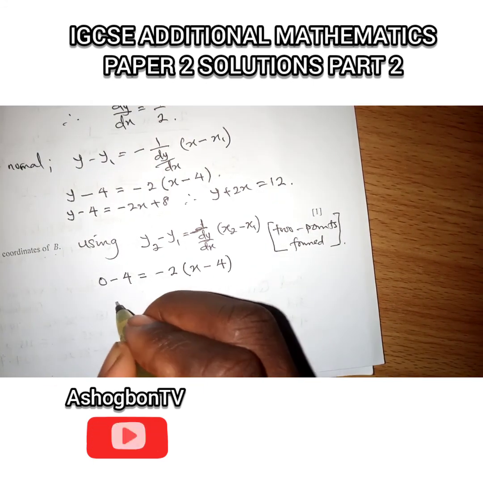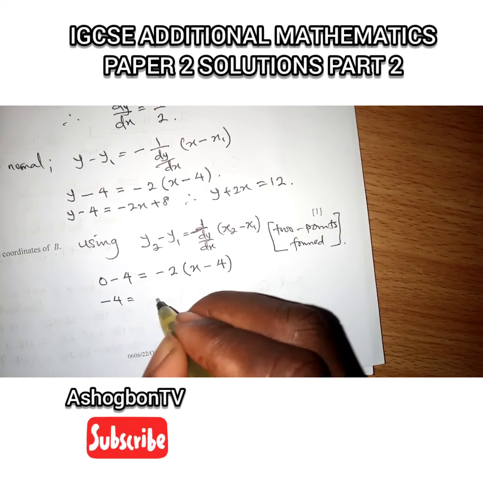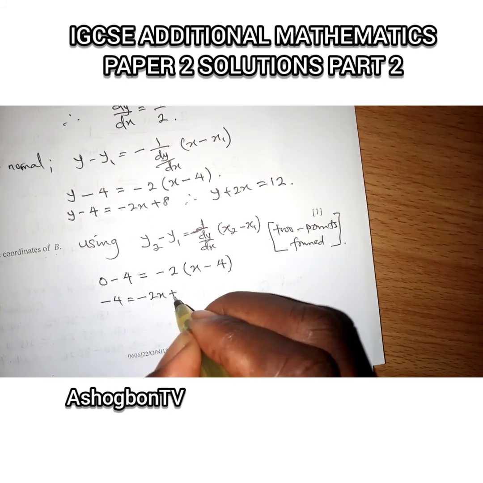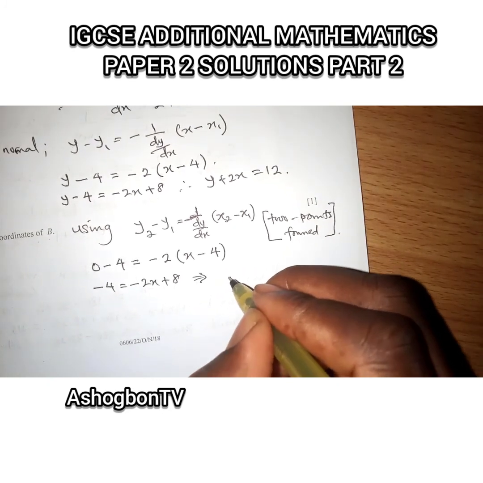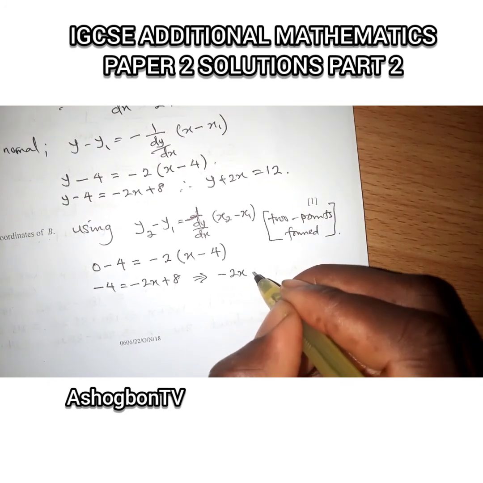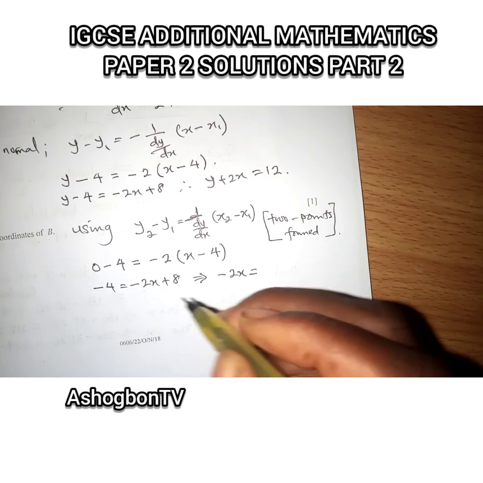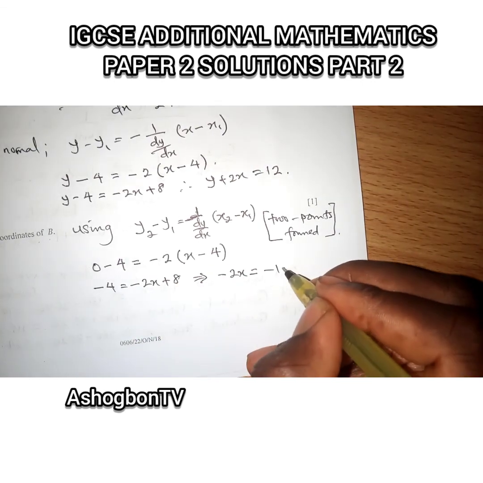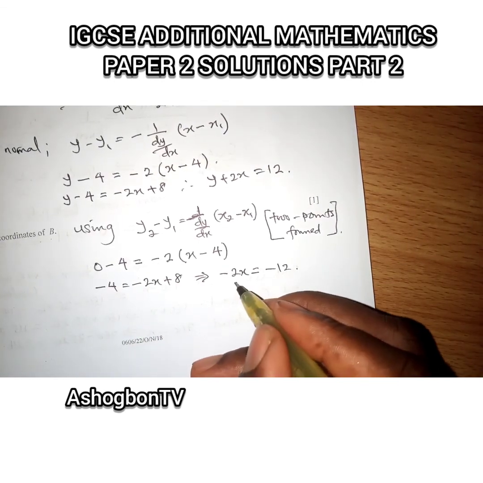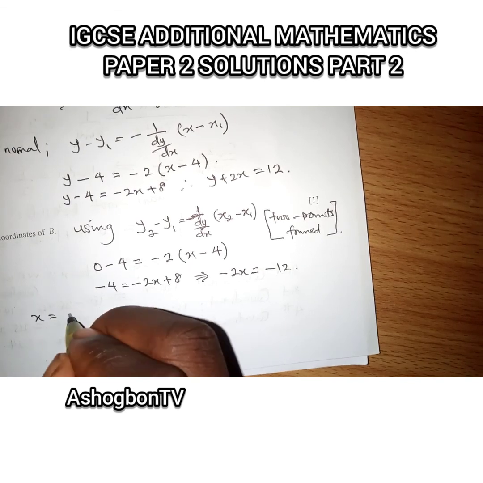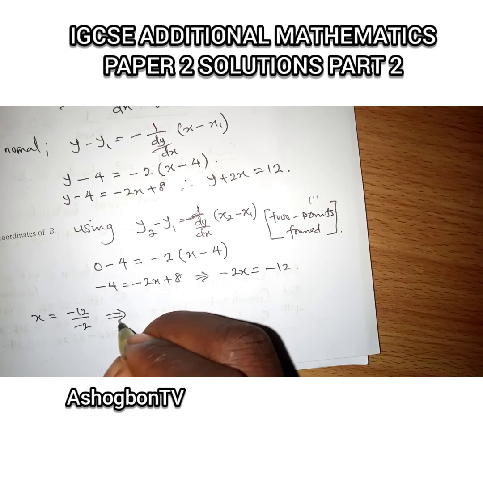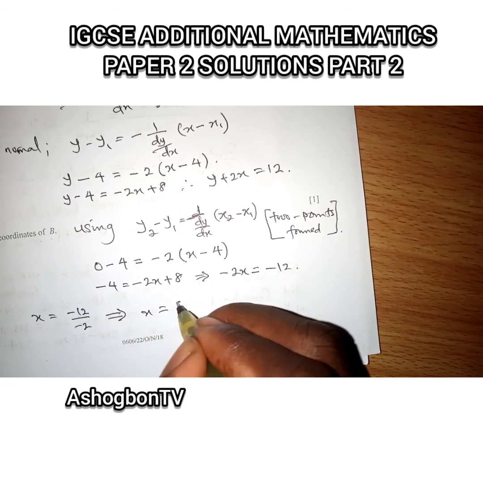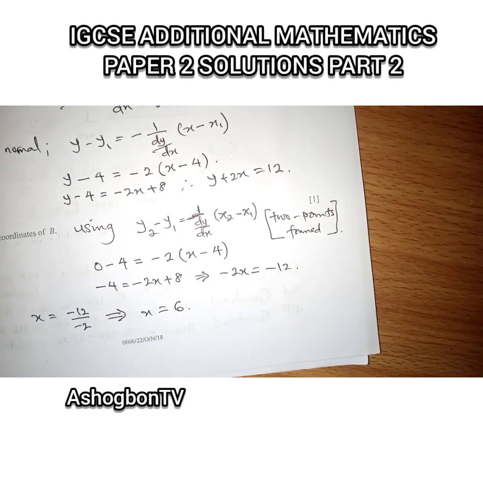This is going to be minus 4 equal to minus 2x plus 8, which implies that you're going to have minus 2x equal to minus 12. If I divide both sides by minus 2, I'm going to have x equal to minus 12 over minus 2, which implies that x is equal to 6. Next question.